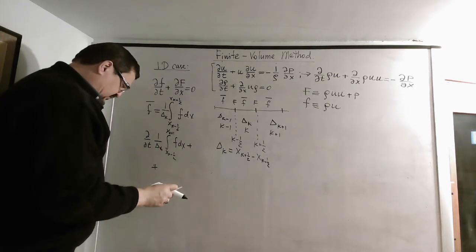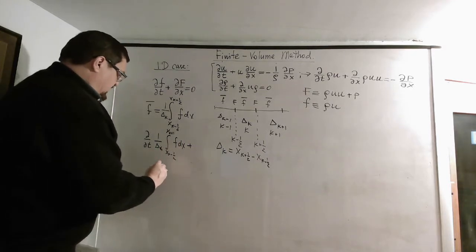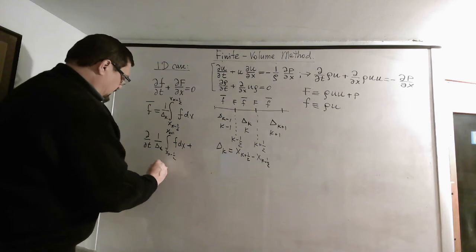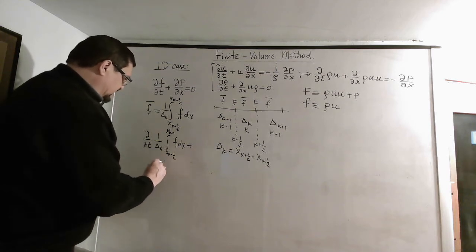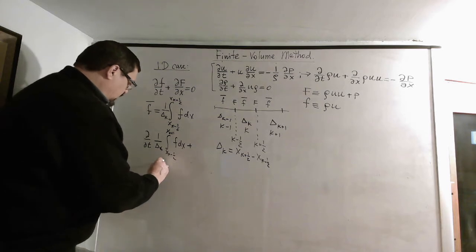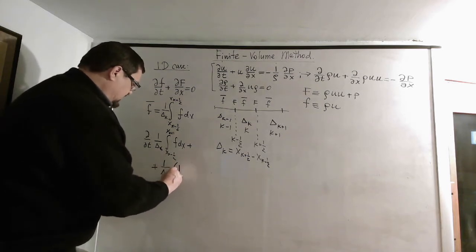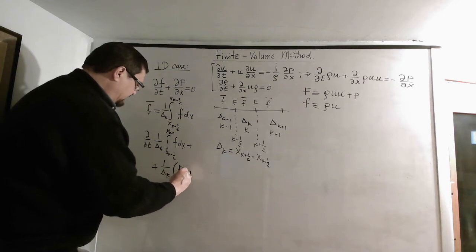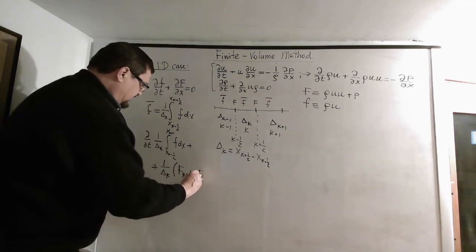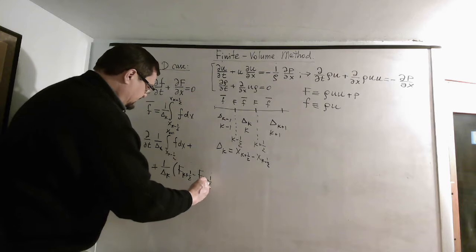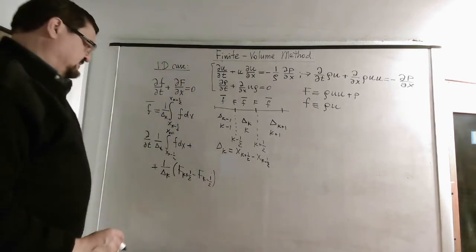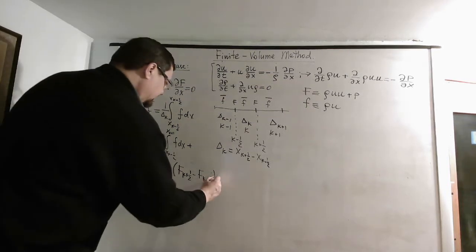So it equals 1 divided by delta k, F k plus 1/2 minus F k minus 1/2, equals 0.